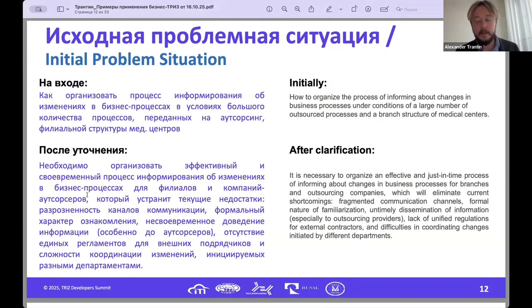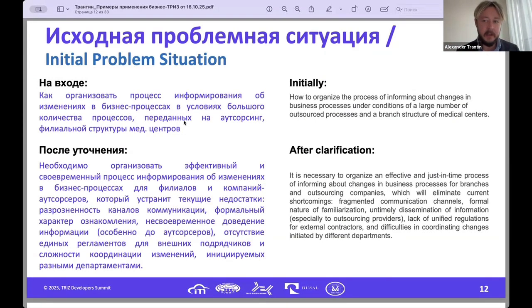Well, we have medical centers scattered across the country with their own infrastructure and their own subcontractors and contractors and different outsourcing landscape, and the director general of the whole infrastructure decided to make this process unified, and we received this problem to solve.